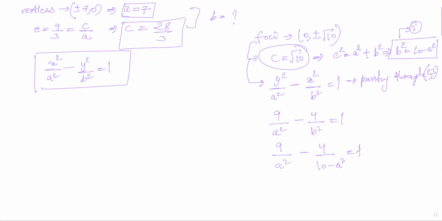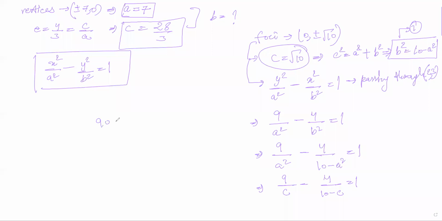Now take a square as another variable, c or anything, whatever you want. So you can write this as 9 by c minus 4 upon 10 minus c is equal to 1. Solve this for c. c will be your a square.